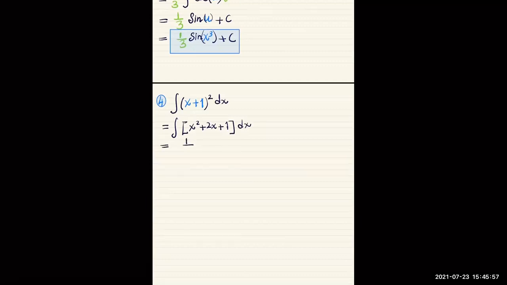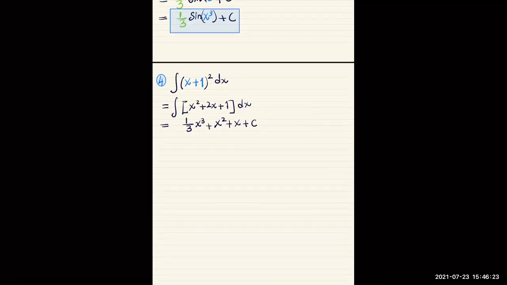You end up with 1/3 x cubed plus just x squared. The antiderivative of x is x squared over 2. The 2's cancel. And then the antiderivative of 1 with respect to x is x plus some constant. So pretty quick. This is fine if you did it this way. Okay, so this is the direct method.